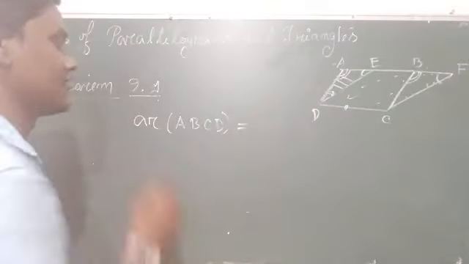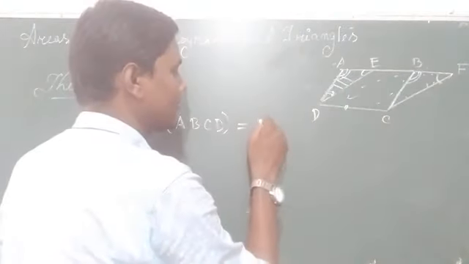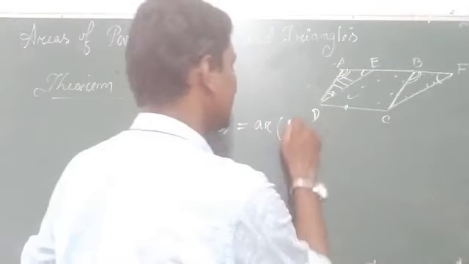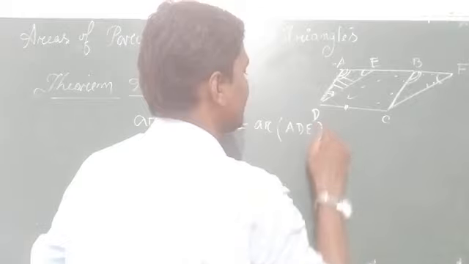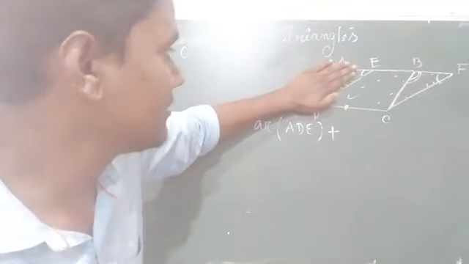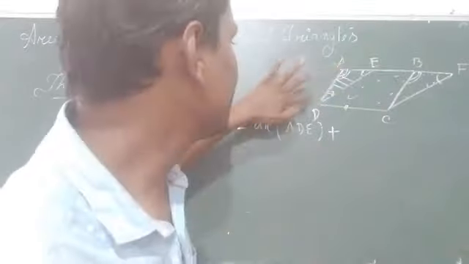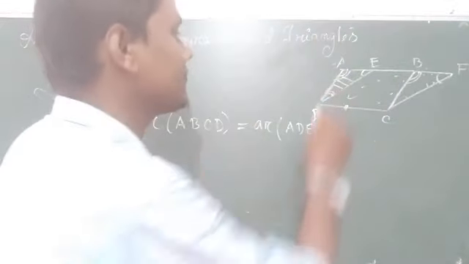So how will I write? Area ABCD is equal to area ADE plus, along with ADE, what should I add? BCDE.